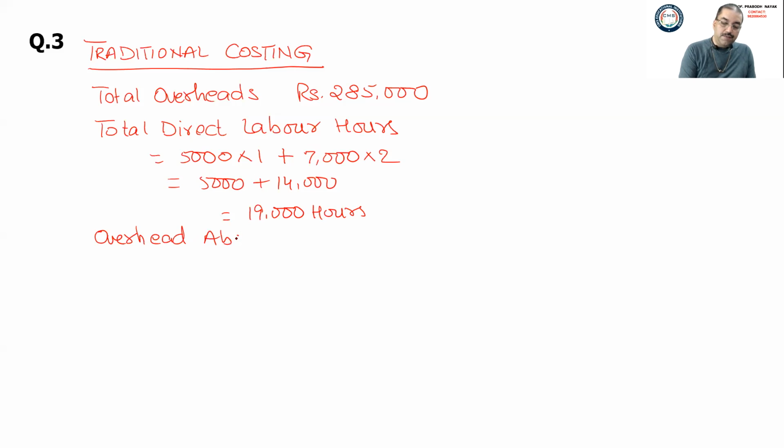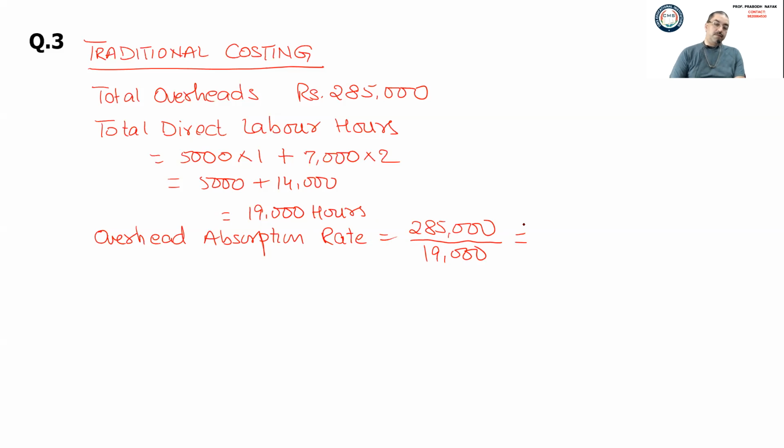Overhead absorption rate: 2,85,000 total overhead cost divided by 19,000 hours. So that comes to 15 rupees per hour.